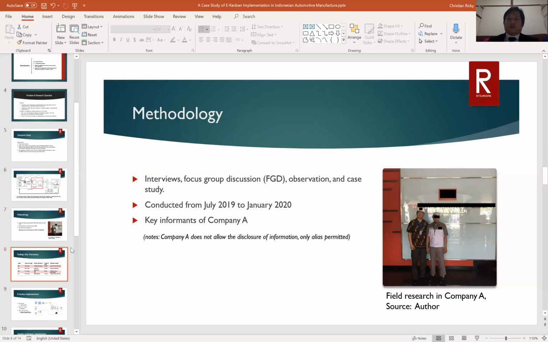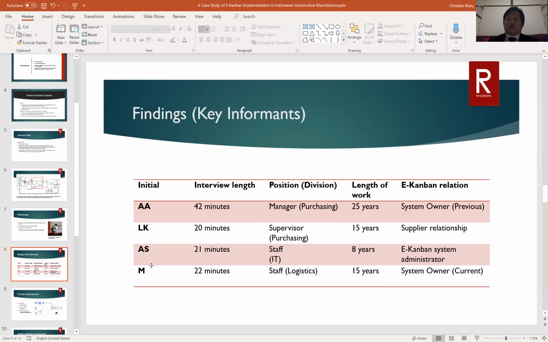Basically, there are four key informants involved in this research, and these key informants include the manager from purchasing, supervisor from purchasing, IT staff, and staff from logistics.